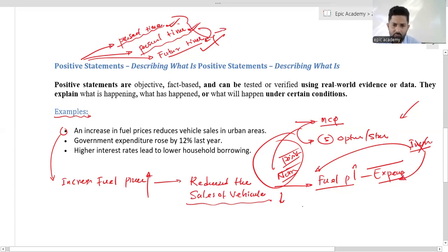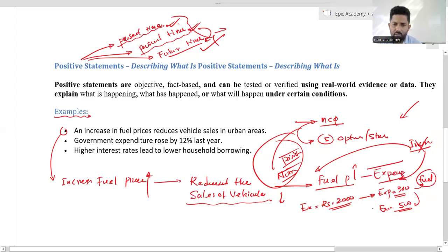Okay, as an example, just consider one person earns only 2,000 rupees for 1 day and is going to make expenses of 300 rupees for the 1 day for fuel consumption of his own vehicle. If the price of the fuel increases, for example, to 500 rupees, then what happens?